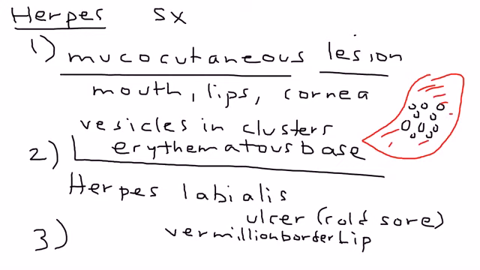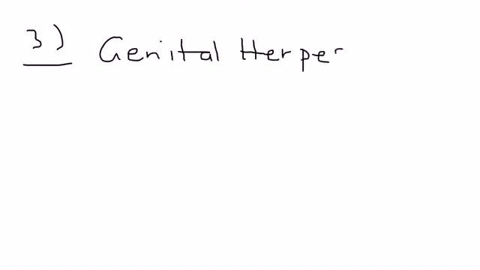And the last one, which I don't have enough space for, is the most common one, genital herpes. By far the most common, in fact it's the most common ulcerative sexually transmitted disease in the world.